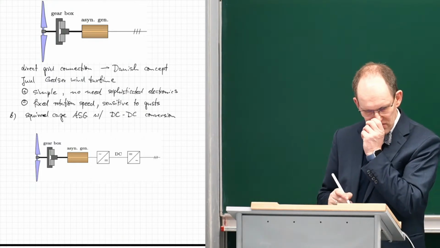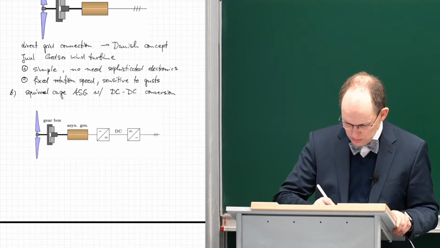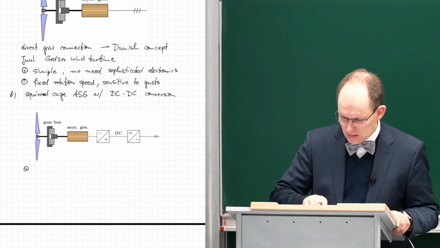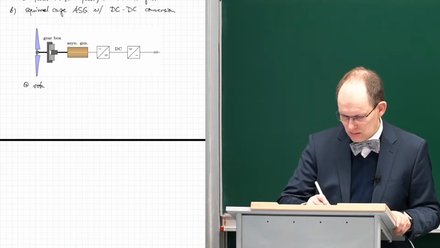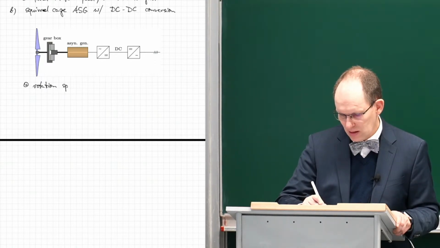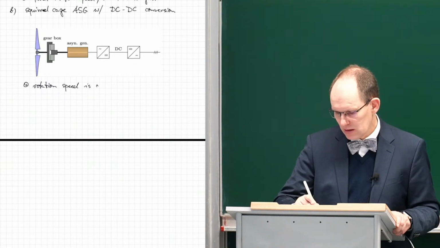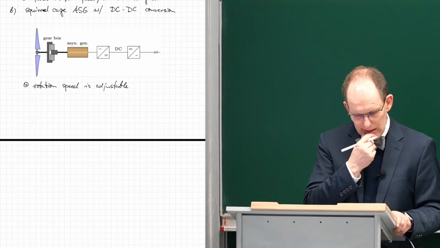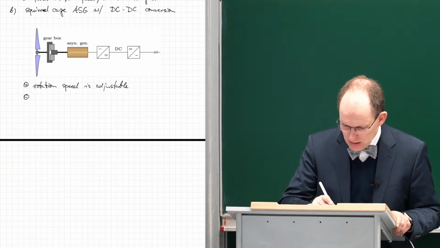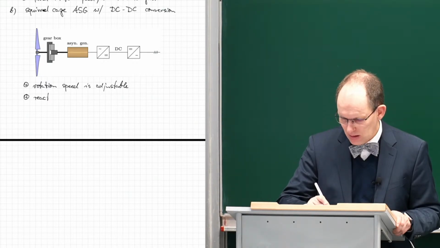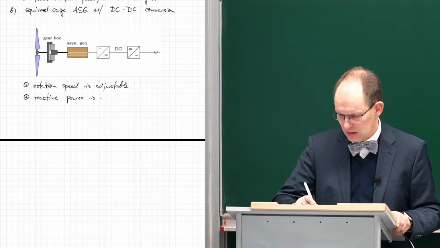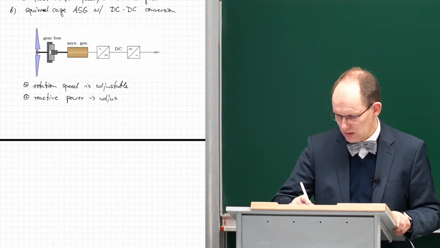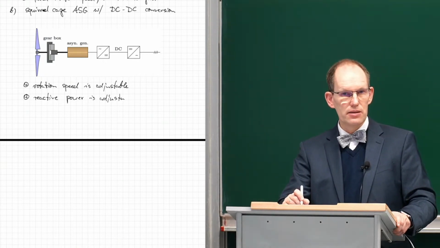And then, of course, the rotation speed is adjustable. Some huge advantage. The rotation speed is adjustable. Also, the reactive power is adjustable. Die Blindleistung is adjustable. And of course, the grid companies like this very much.